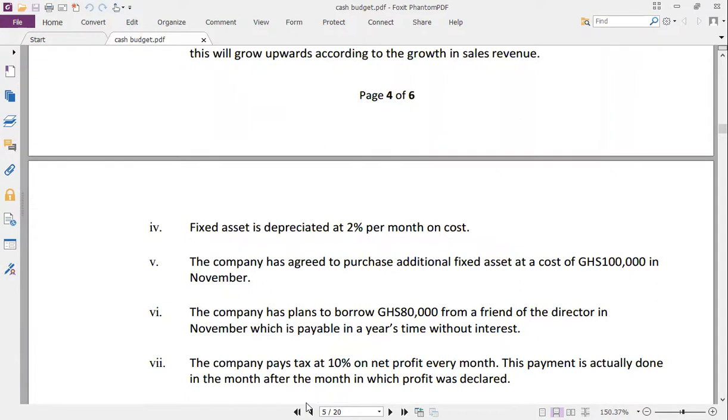The company has agreed to purchase additional fixed assets at a cost of 100,000 in November. So in November, we're going to buy additional assets. Great. So it will be part of the payments in the cash book, and you add it to your assets, and depreciation continues. Perfect.